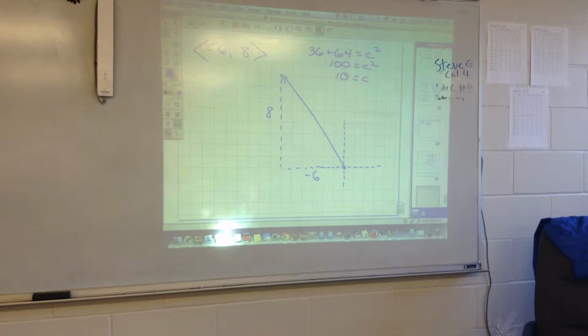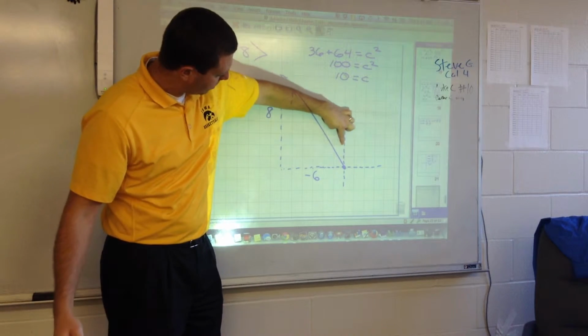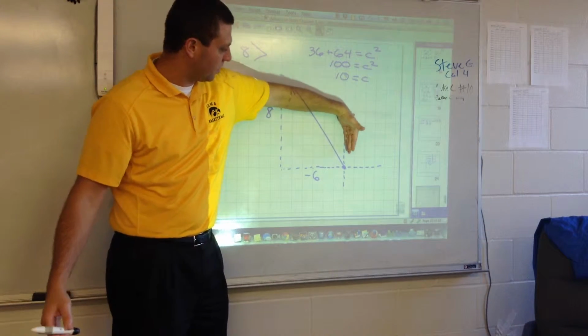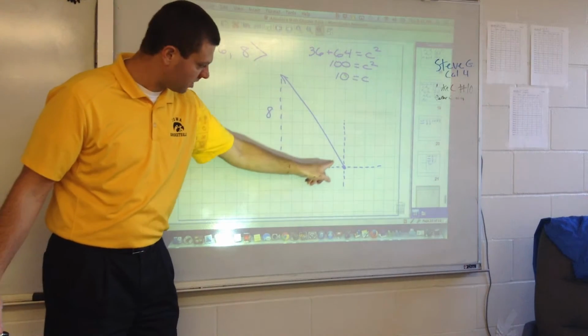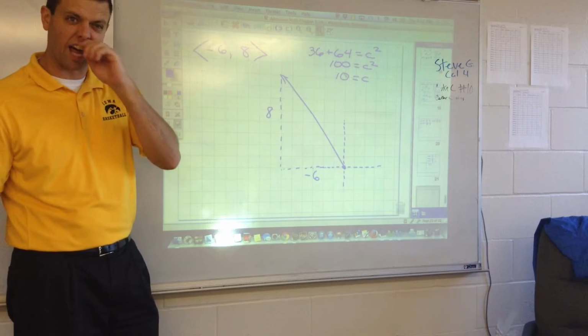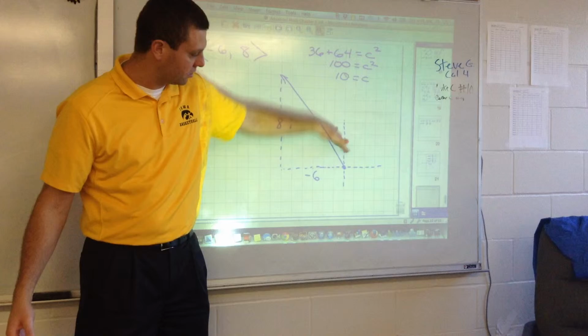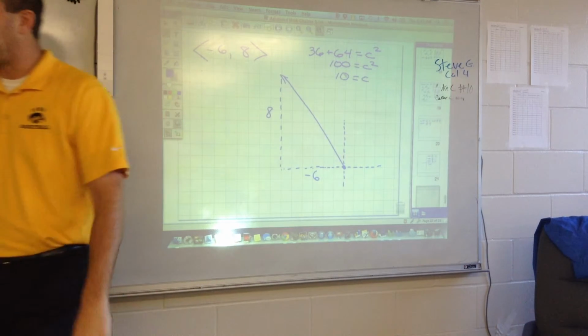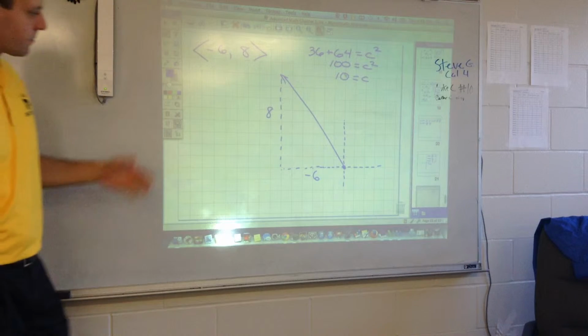We'll figure it out exactly in a second. Or you could label it so many degrees west of north. Or if you know this one right here, which is probably the way a lot of you are going to go, you could label it so many degrees north of west. Any of those 3 ways is going to be fine.